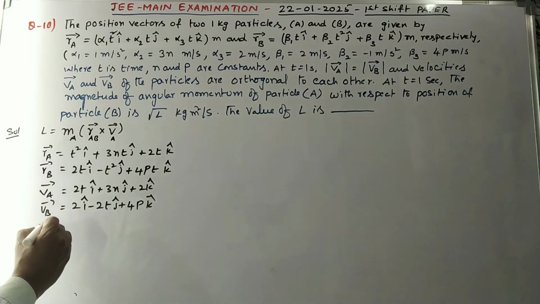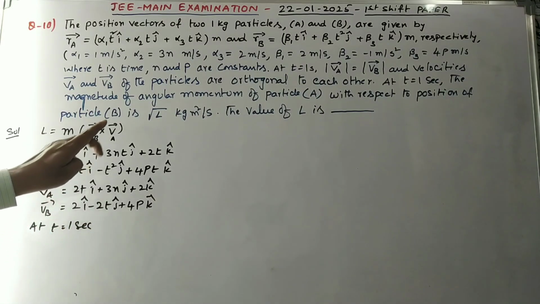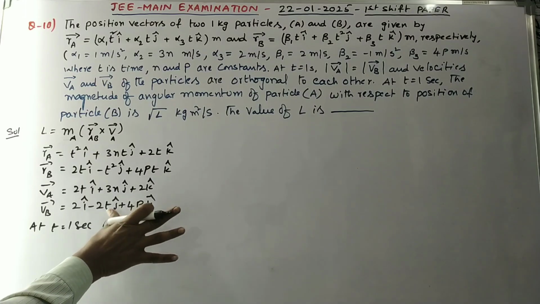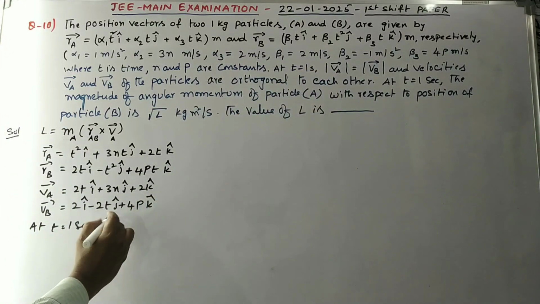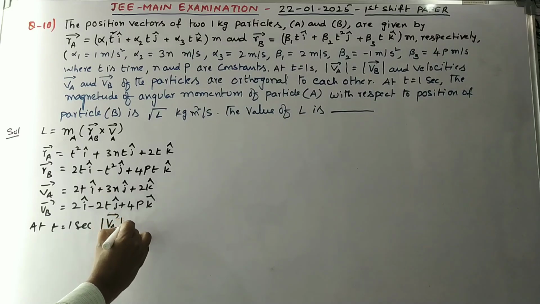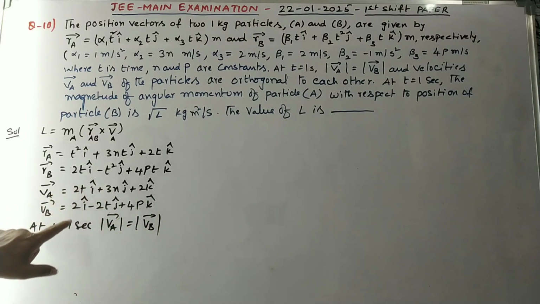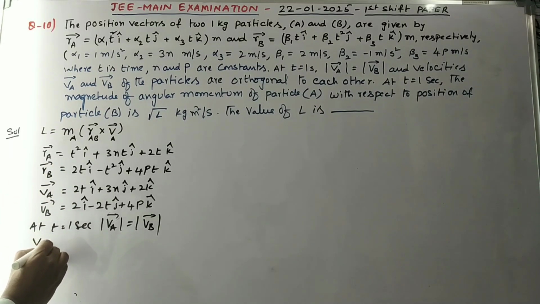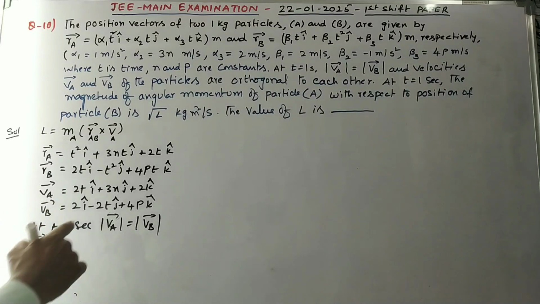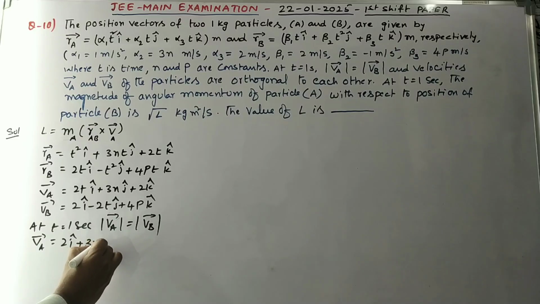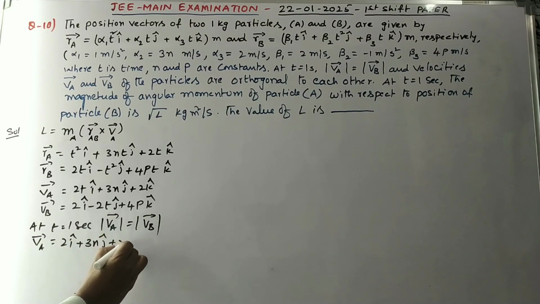At t equal to 1 second, what is the condition given? The magnitude of velocity vector A is equal to the magnitude of velocity vector B. At t equal to 1 second, the velocity vector of A is 2 I cap plus 3n j cap plus 2 k cap.